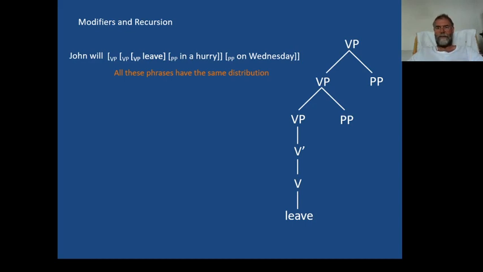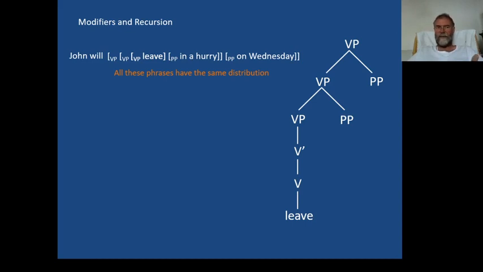They're all VPs. And then we can plainly see here the recursive nature of the adjunct, because what the adjunct is, is something added to a VP next to another VP. So that VP contains a VP, and then the next VP contains another VP, and then you get down to the single verb leave.